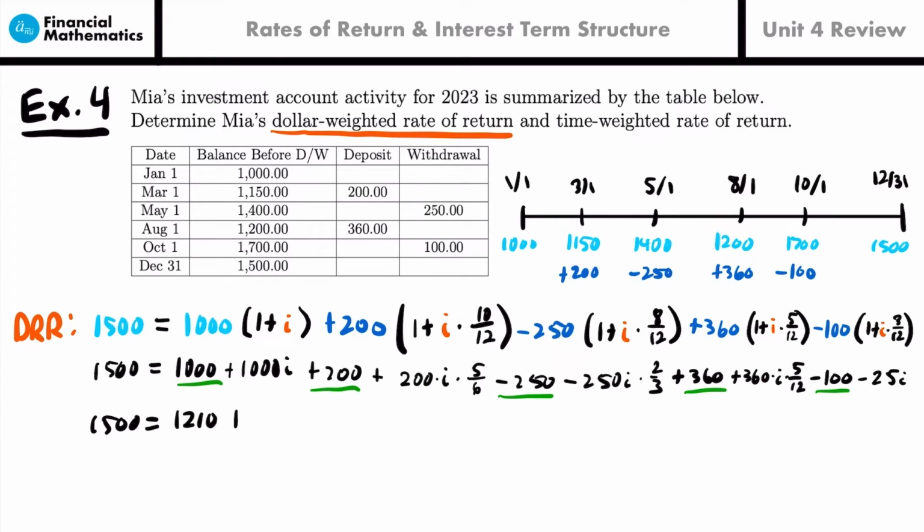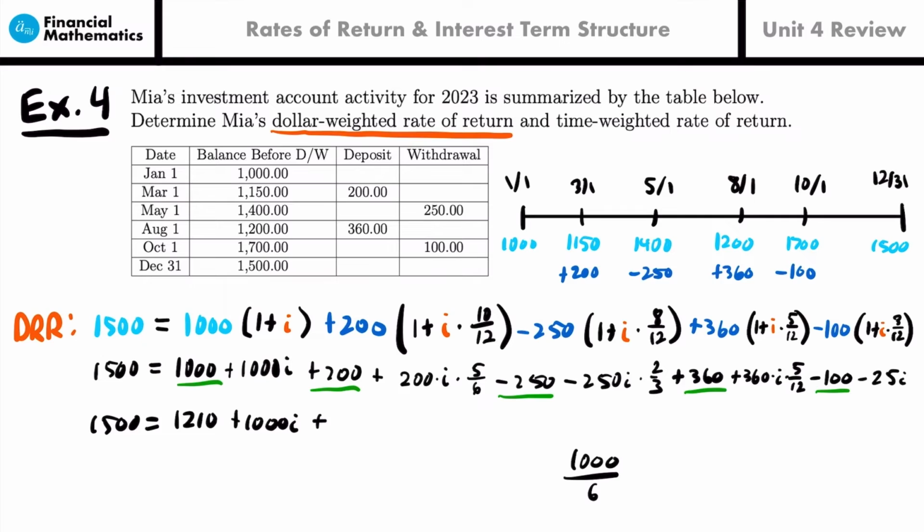Okay, so we have plus 1,000I plus 200 times 5 is 1,000. So we have 1,000 divided by 6 times I. But if you're to write that out, 1,000 divided by 6, you can reduce the numerator and denominator by a factor of 2. Both of them are divisible by 2. So 1,000 divided by 2 is 500, and 6 divided by 2 is 3.